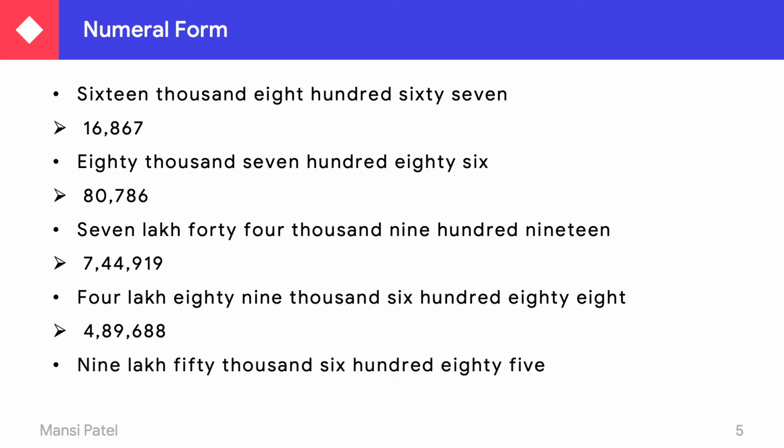Your next number is 9,50,685. So again here we have to write down 9 comma, then under the group of 1000 there is 50, so write down 50, and then after that 685. These are the numeral forms of numbers.